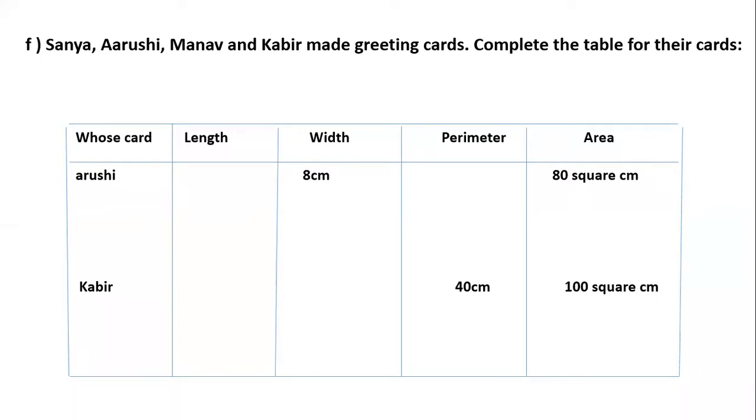Length we have to find, area is given. Length into breadth is 80. Length into 8 is 80. Basic thing. Something to be multiplied to 8 to give 80. So what is L? 10, 8, 80. So length will be 10.